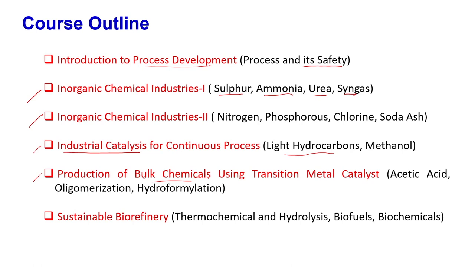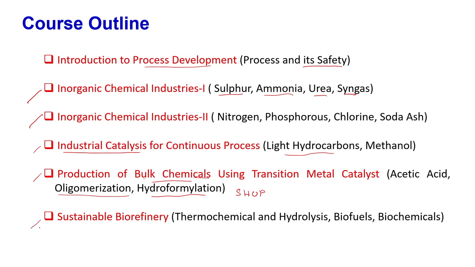In homogeneous catalysis we will study the production of acetic acid, and examples like oligomerization, for example the SHOP process, the Shell Higher Olefin Process, where an olefin is converted to a higher olefin. Then hydroformylation reactions, where we add both hydrogen and a formyl group. These are the fourth and fifth modules, which pertain to catalysis.